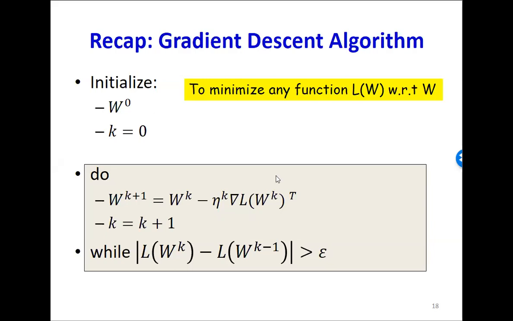So you want to decrease the function, which means you're going to walk in exactly the opposite direction of the gradient, which is why you adjust the W against the gradient. You subtract some scaled version of the gradient and iteratively continue this process until the function L is no longer decreasing.